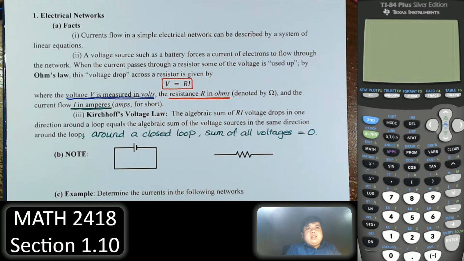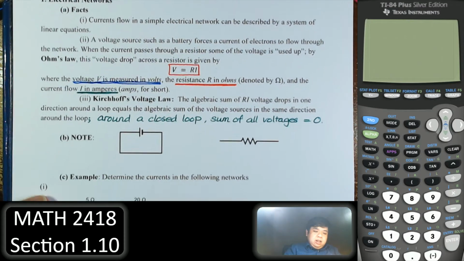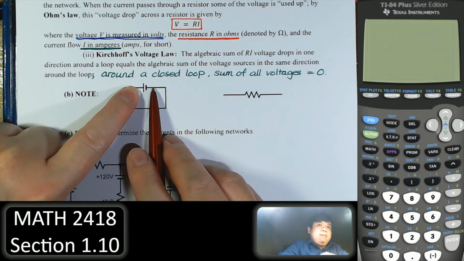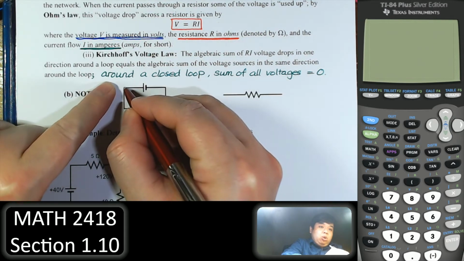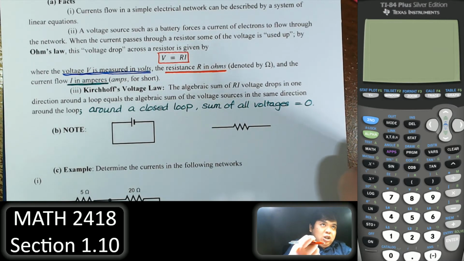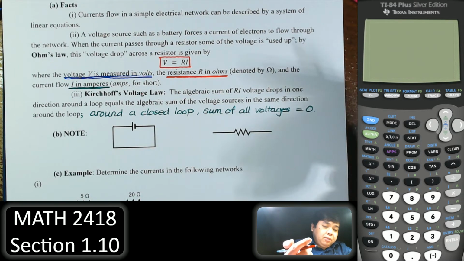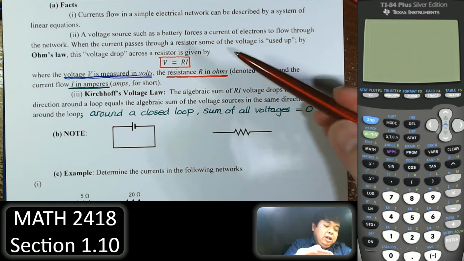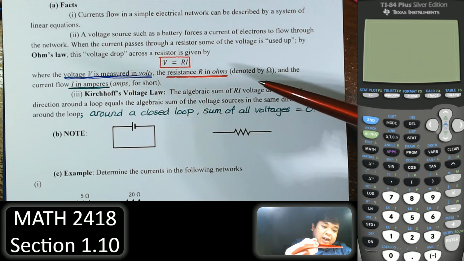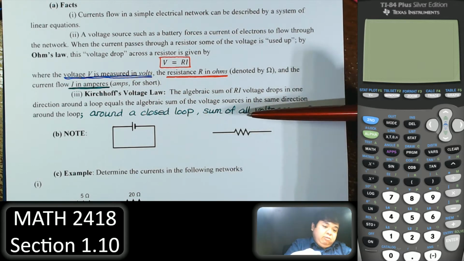In physics, that could be taught as potential, a potential difference between 2 points, like between the terminals of the battery. However, if we just have a single point, there's no difference between 2 points, so that's why the voltage is equal to 0 in that case. So we learned Ohm's law and the Kirchhoff voltage law.